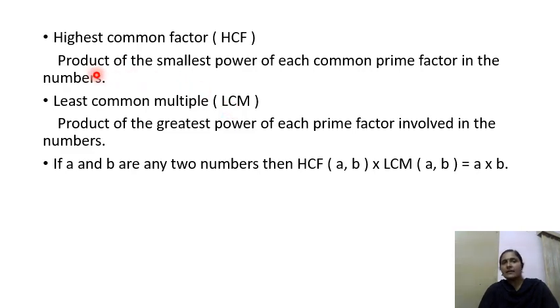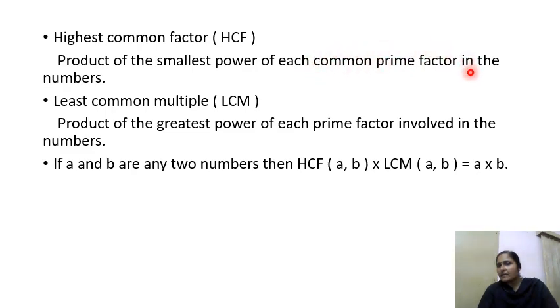It is written there: HCF is the product of the smallest power of each common prime factor in the numbers. So first, whatever numbers you are given, do the prime factorization of the numbers and then find the product of the smallest power of each common prime factor.